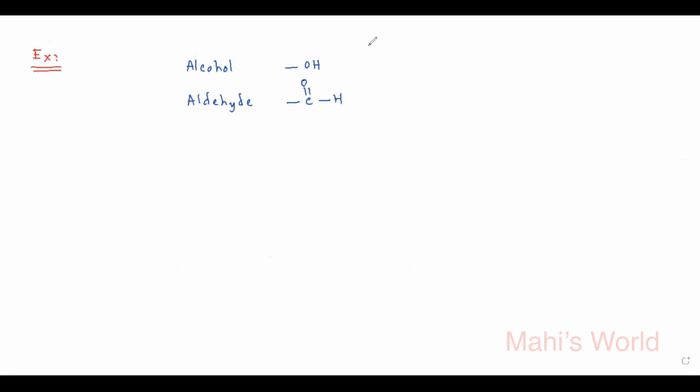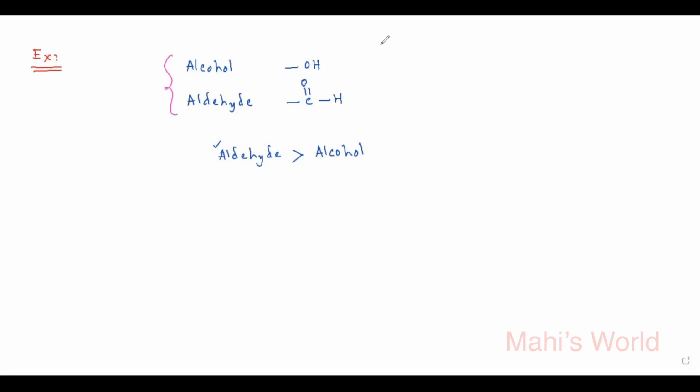These two are present in the given organic compound. Now remember, aldehyde is given more priority than the alcohol. I'll give you the priority order later, but for now, remember aldehydes are given greater priority over alcohols.